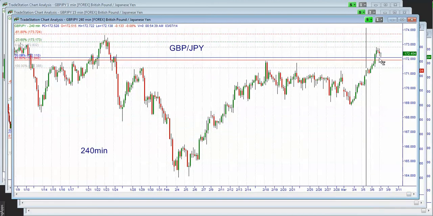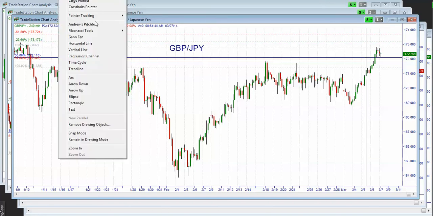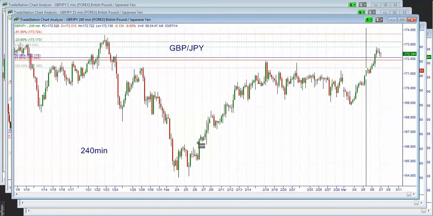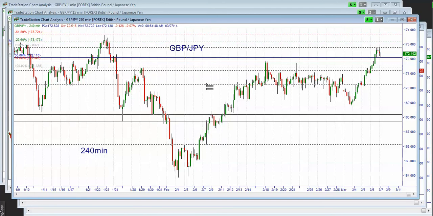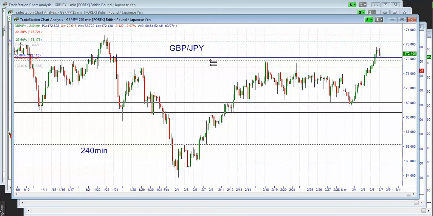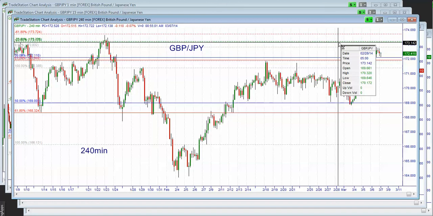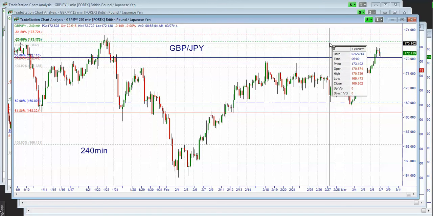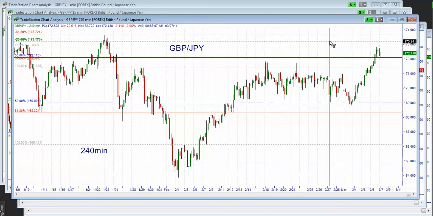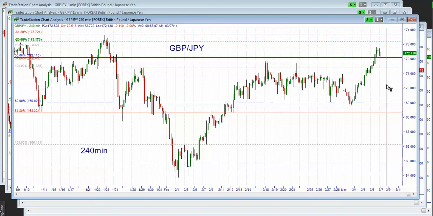So the targets will be 173.17 and 173.24, and let's see whether these two targets are aligned with the actual level of this larger measured move here. And as you can see, the two targets actually align at this 173.24. So that's where we anticipate this market moving.